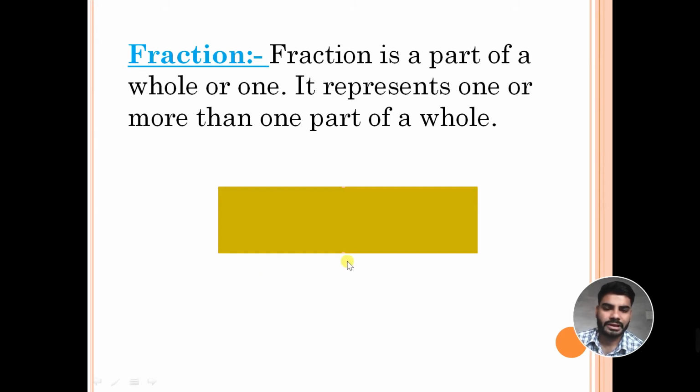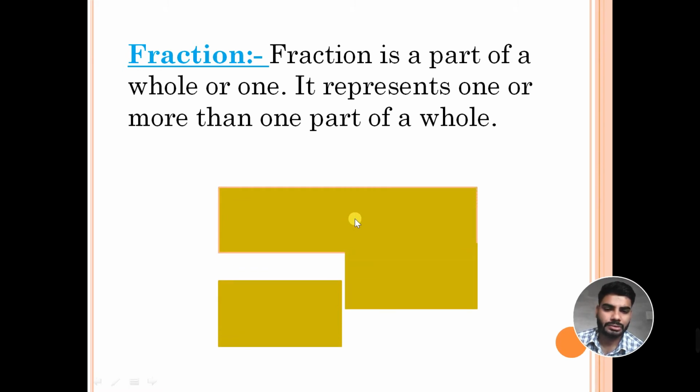So if we divide this rectangular block in two equal parts, like part 1 and part 2, then both of these parts will be called a fraction of this whole. So now let's see this definition with the help of one more example.